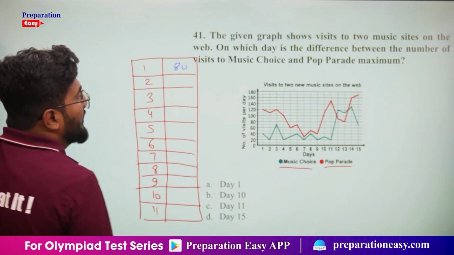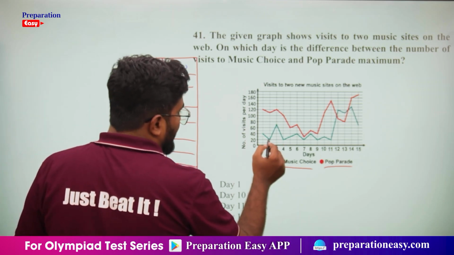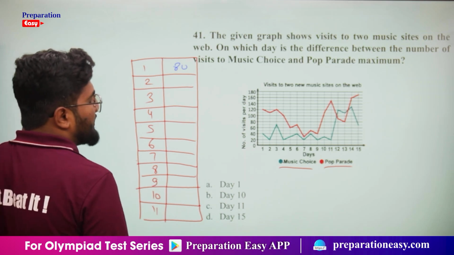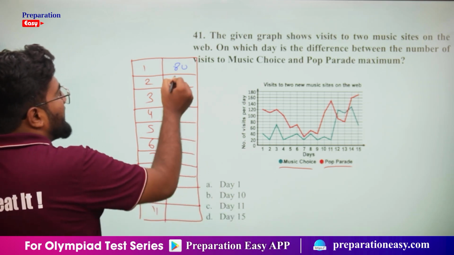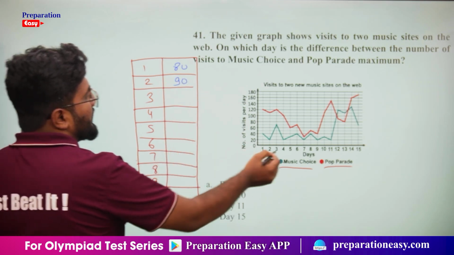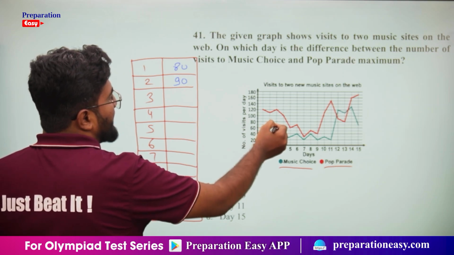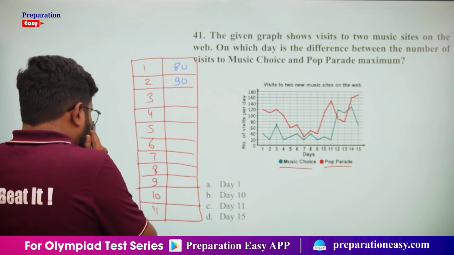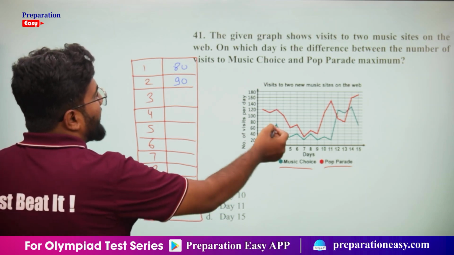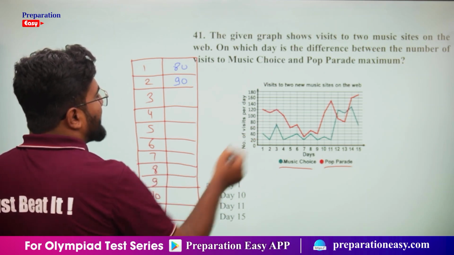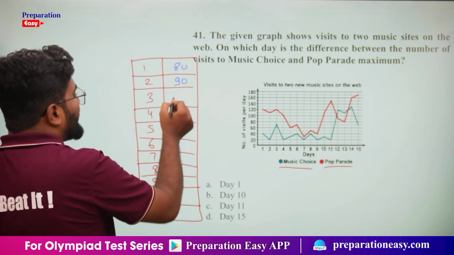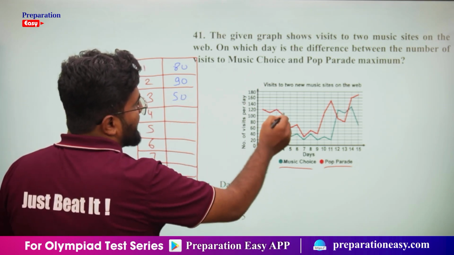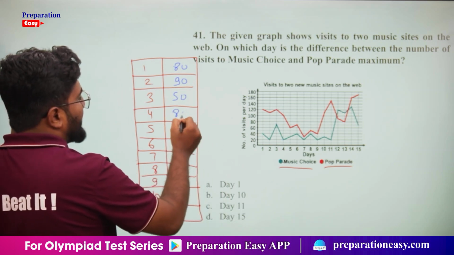20 and 110. Subtraction 110 minus 20 would be 90. On the third day it is 70 and 120, which would be 50. Fourth day is 20 and 100, which would be 80.